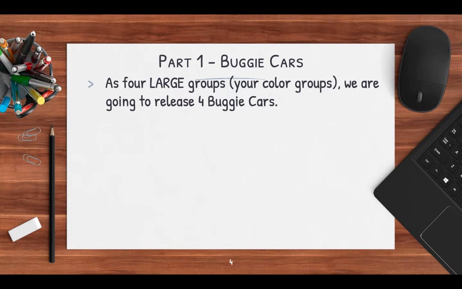What you have to do with the buggy cars is we're going to release 4 buggy cars, 1 per color group, and then I'm going to turn on a metronome. The metronome is going to just make clicks every second, okay?